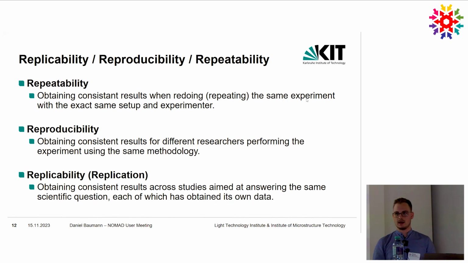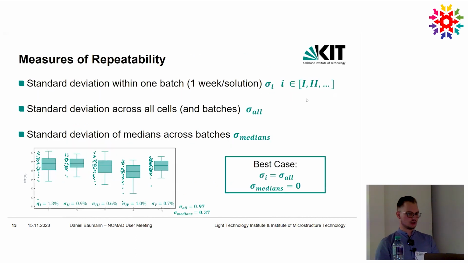Okay, how do I evaluate and measure the repeatability? I usually look at the standard deviations across my batches, and also look at how the median of my batches changes. And in the best case, I have the variation of each individual batch being the same as the variation over all the batches.